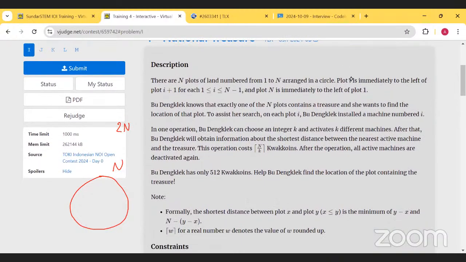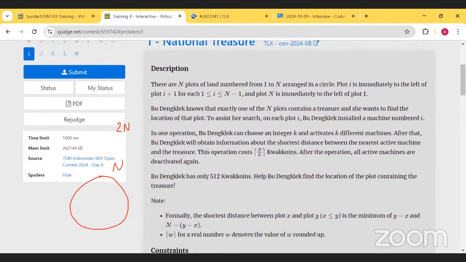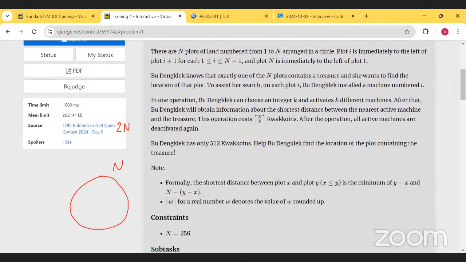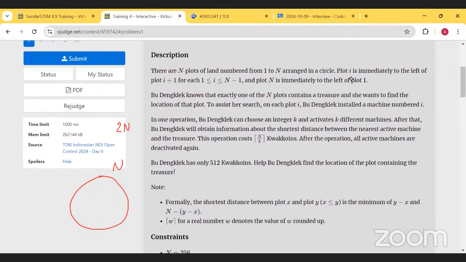The problem is there is a cycle with size n, and then we don't know where is the tracer, but we may query like this. We can query some position or some location. Let's say we query location here, here, and here, and here, and also here.